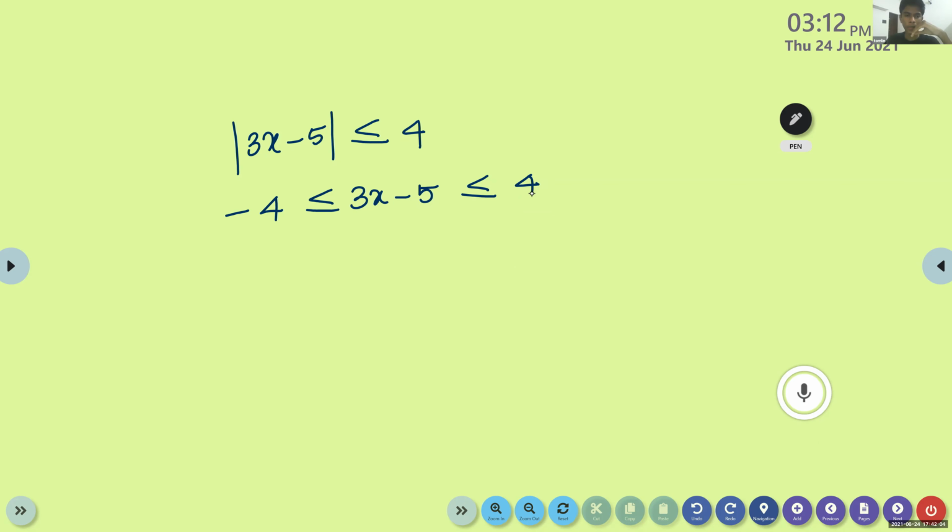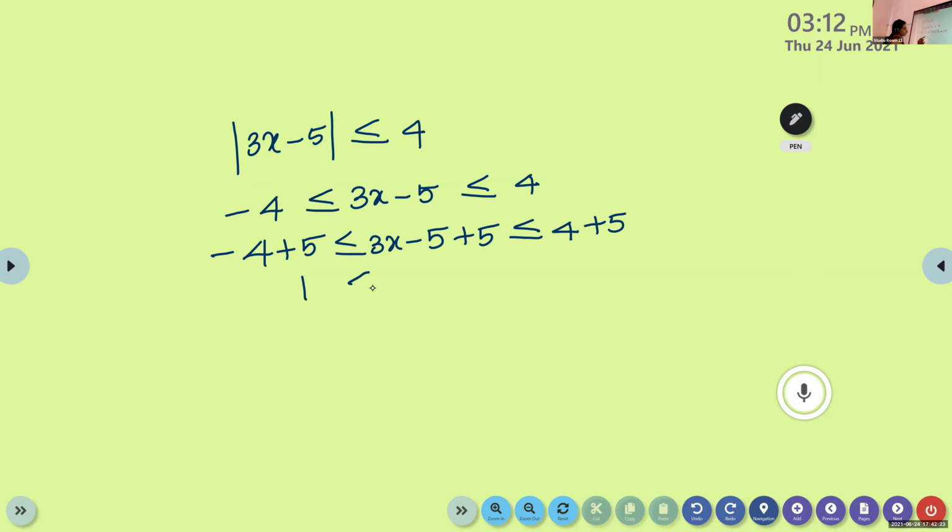Ma'am, we add 5, isn't it? Okay, minus 4 less than or equal to 3x minus 5 plus 5 less than or equal to 4 plus 5. So minus 4 plus 5 means we will get 1 is less than or equal to 3x less than or equal to 5.